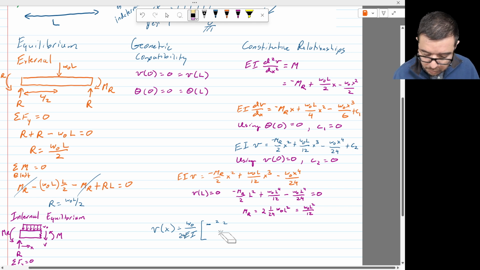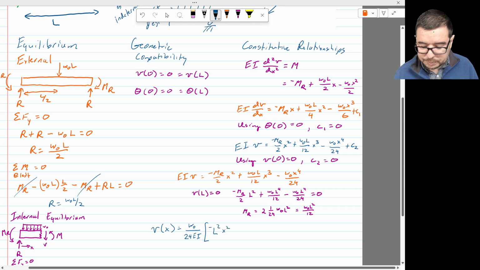I'm not going to bring the number to negative. So W naught over 24 EI. Appreciate your patience. And this is going to be L squared x squared, and it's going to be minus.